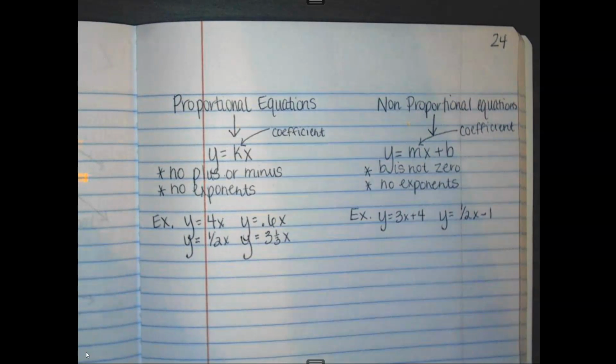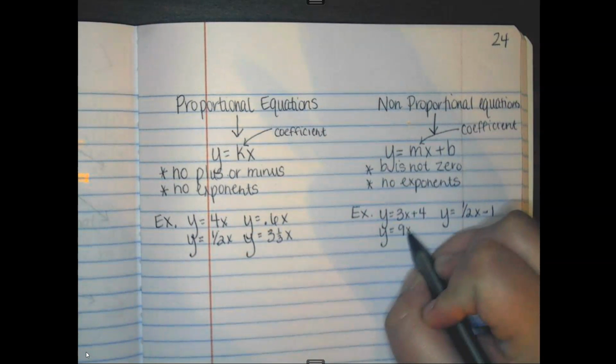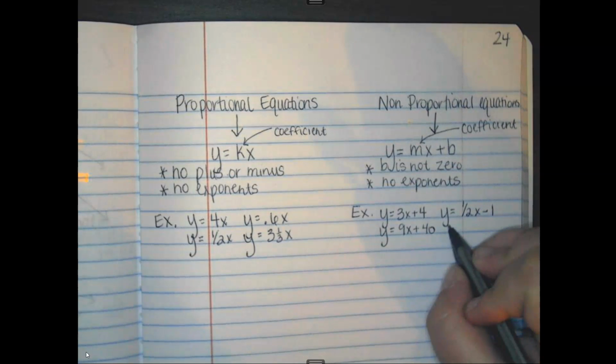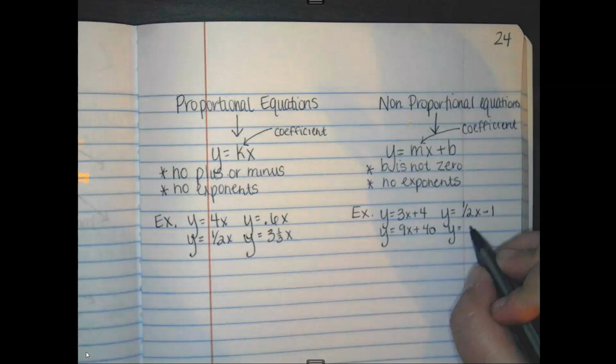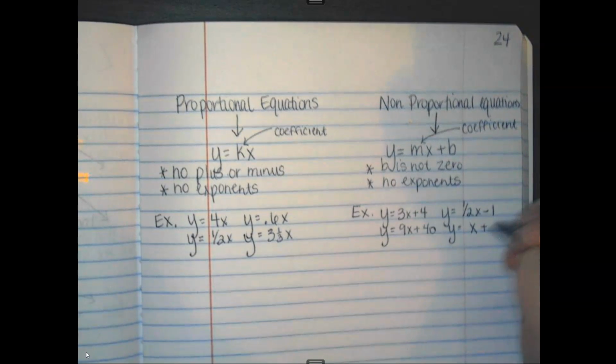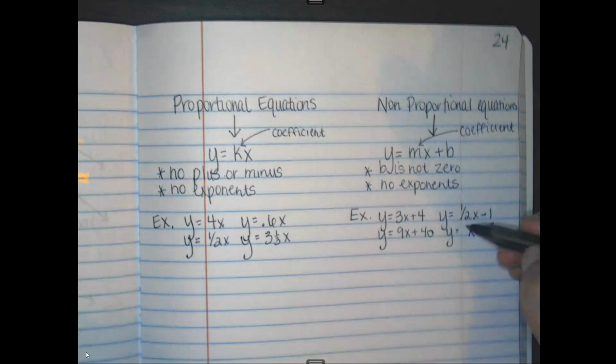But it's that same concept. Y equals 9x plus 40. Y equals, it could even just be x plus 7. Because then it would have a coefficient, imaginary 1.